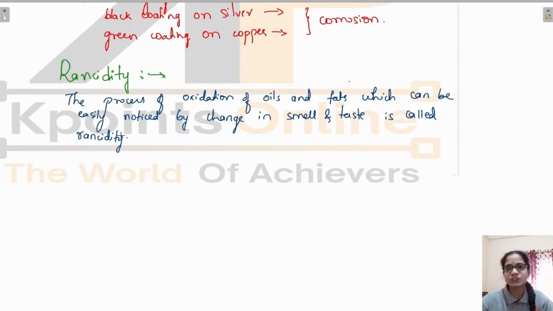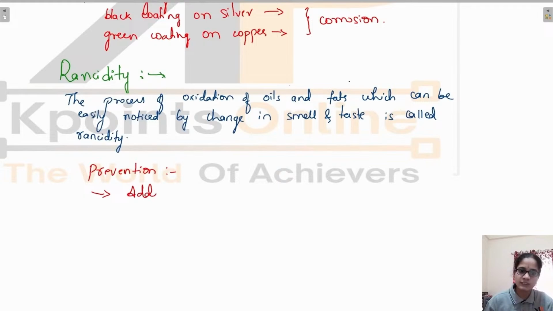When items which are deep fried in oil are kept for a longer duration of time, you can observe that there is a change in taste as well as smell. It is due to the oxidation of the oil and of the food materials that are deep fried in the oil. Then how do we prevent rancidity? Rancidity is caused by oxidation, so we have to add some antioxidants in order to prevent it.